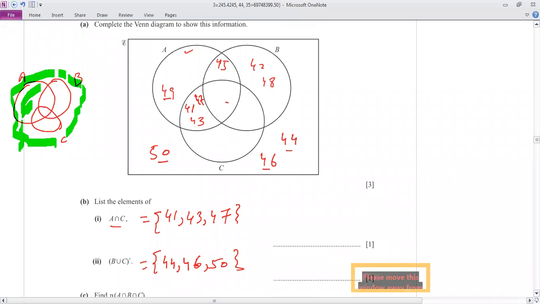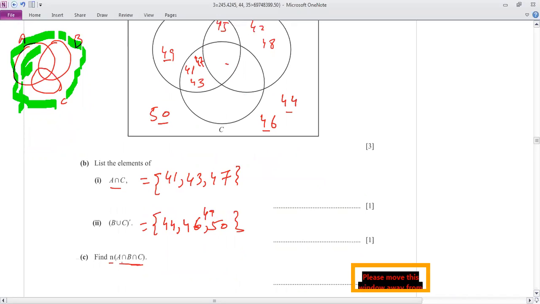Yes, but when we are taking B union C whole complement, you shade all the other region except B and C. But why did you not include the elements in set A? Yes, 49, sorry. 49 should also be there. Thank you. Because it should be outside B union C. So 49 also should be there.